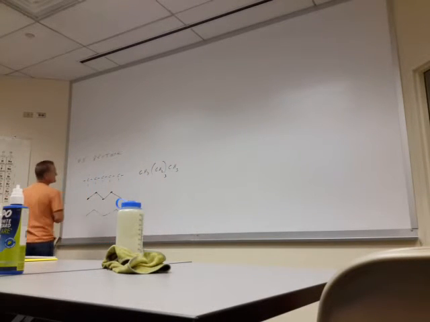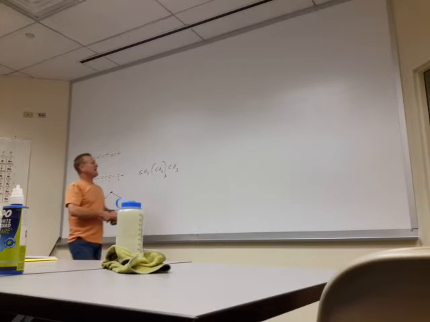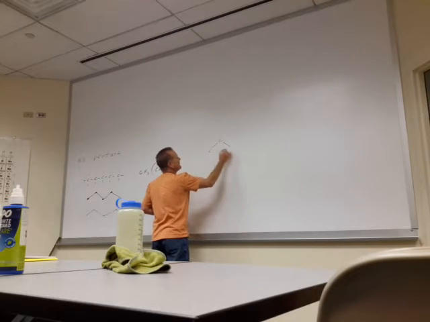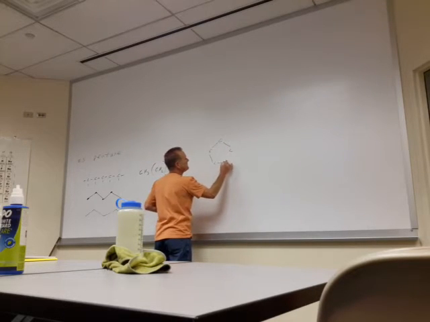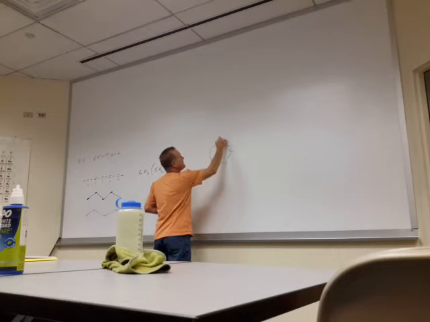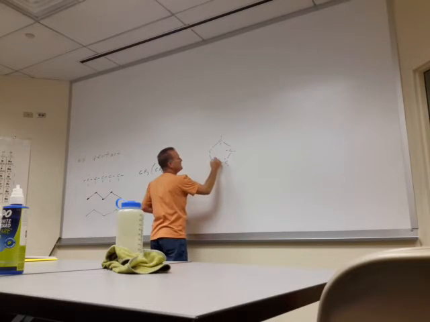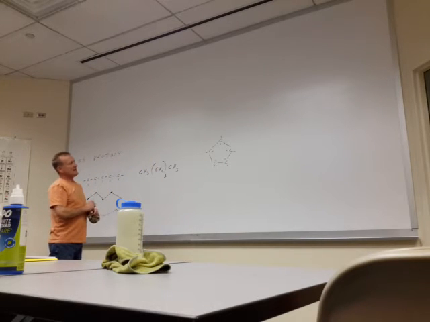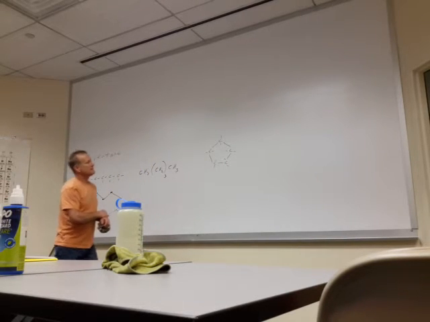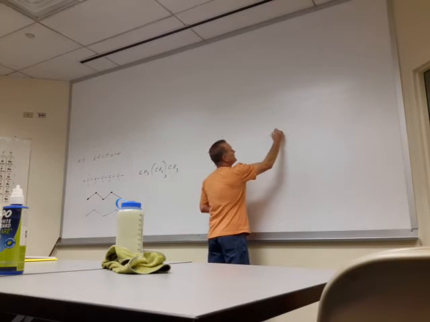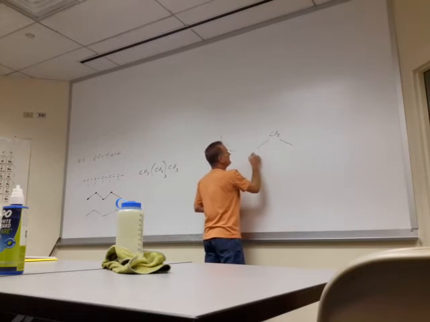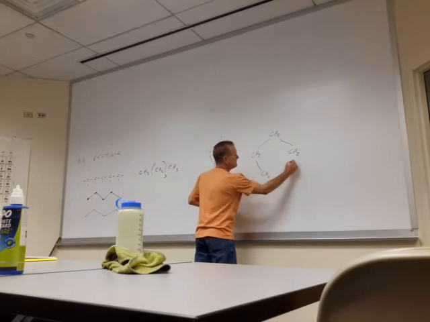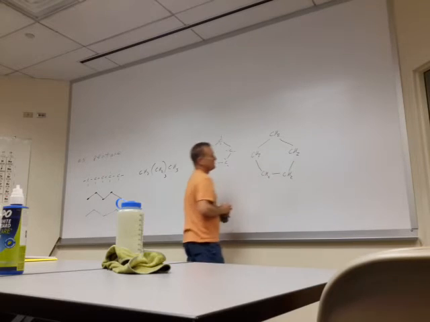Pentane does something else. It forms a ring. Draw it this way once. Just as with anything else we've looked at, every carbon has to have 4 bonds. Show it like that.